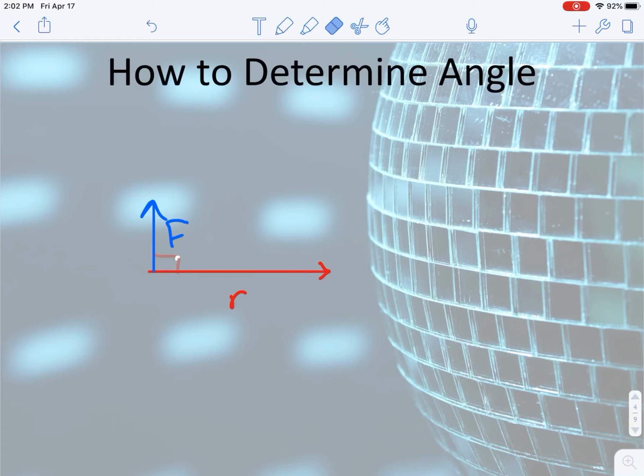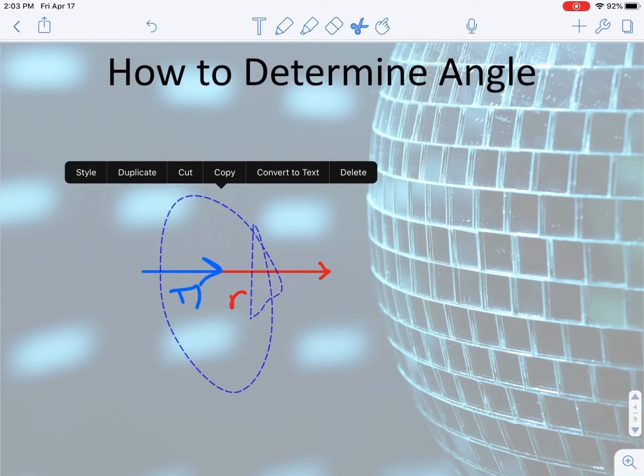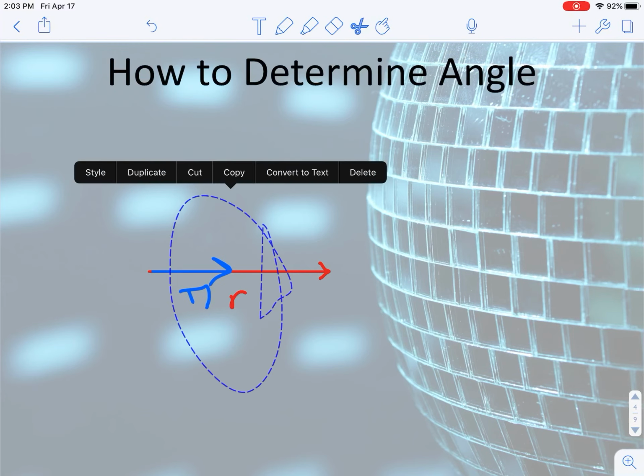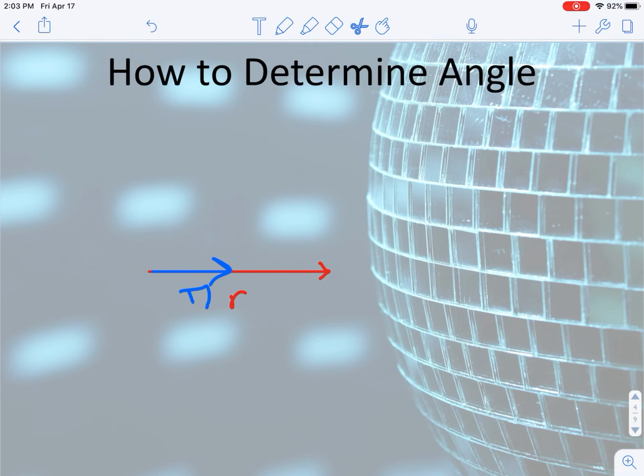If we go to that ridiculous situation where I was pulling away from the hinges, like this, now the angle between the two vectors is 0 degrees, and we get no torque in this particular case.